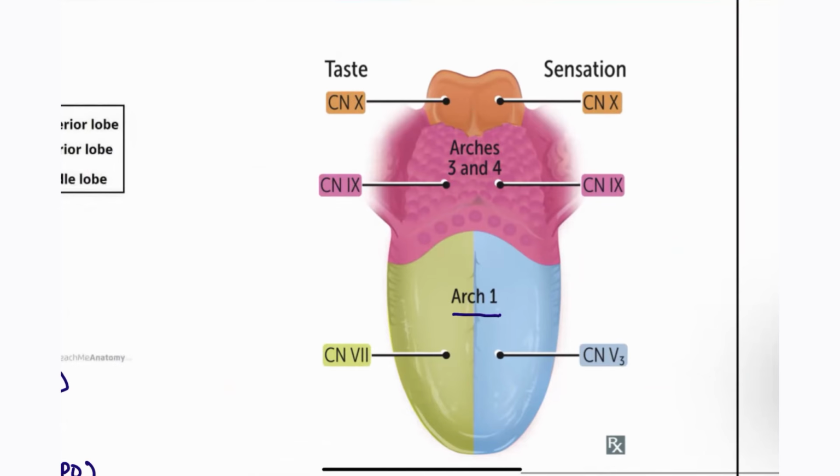Coming to the values, 55 mmHg minus 30 plus 15. If you subtract this whole, you are going to get 10 to 20 mmHg. This is considered as normal glomerular filtration in our patients.